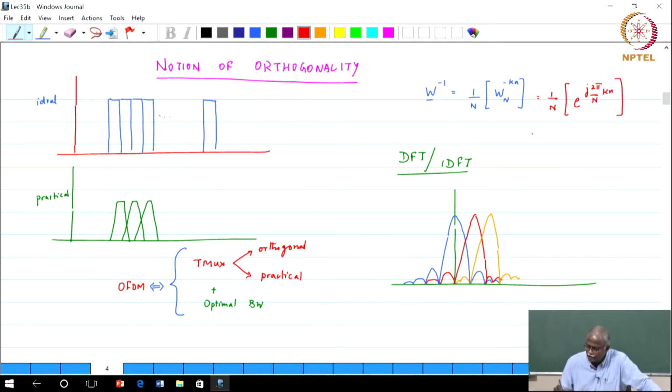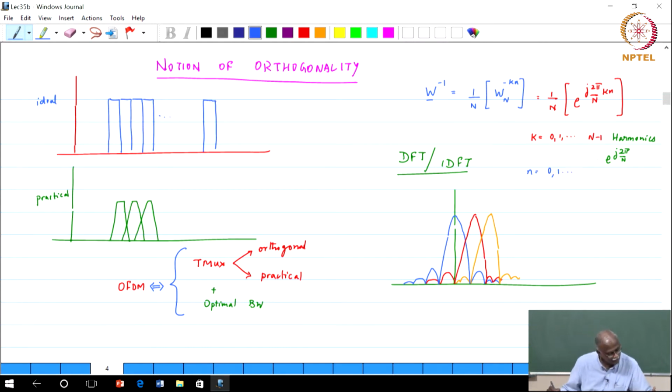Okay. k represents the harmonics 0, 1 to N minus 1. So you can think of these as the harmonics of the fundamental frequency e^{j2π/N}, and you are looking over a time window which has N samples.